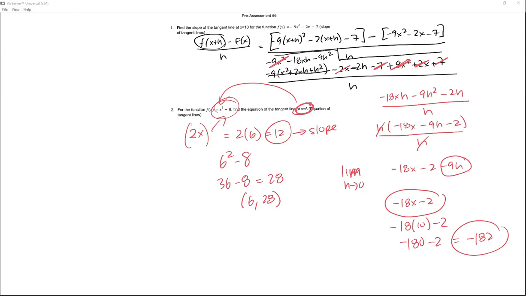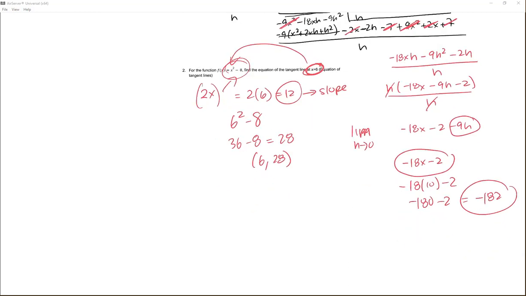All right, so now it'll be y minus 28 is equal to 12, which is the slope, times x minus 6. So this is the point slope form for the tangent line of x squared minus 8 at x equaling 6.